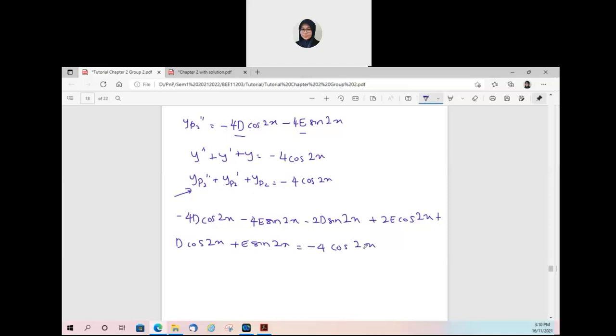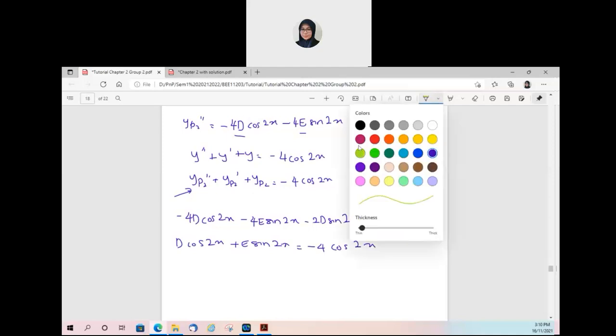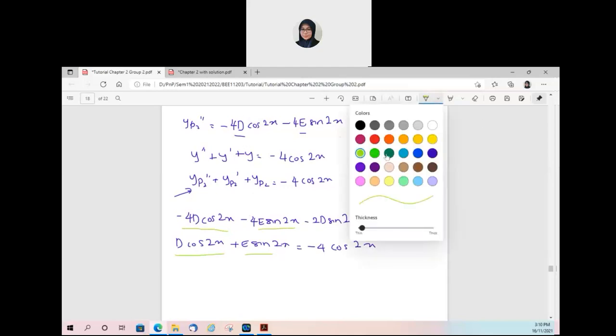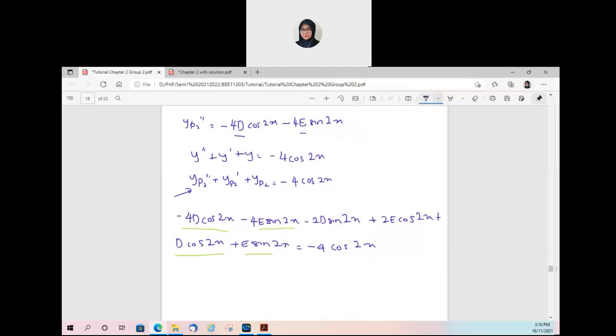Okay, ada yang kita boleh pemudahkan kan? D cos, E sin. Jadi, minus 4D cos 2x plus D cos 2x, you will get minus 3D cos 2x.